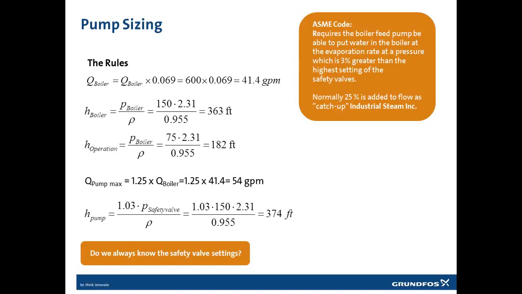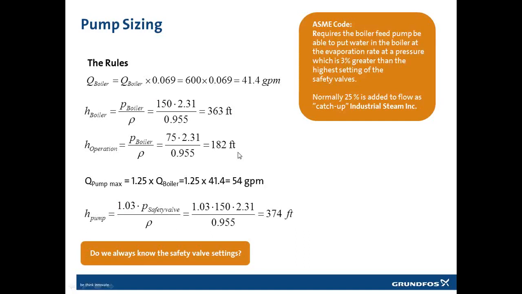That gives me a head of the boiler of 363 feet. During operation on this boiler, I'm only running the boiler at 75 psi. That means during operation, my pump only has to supply 182 feet of water.